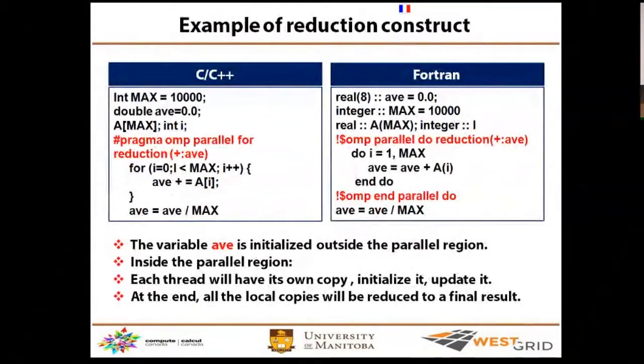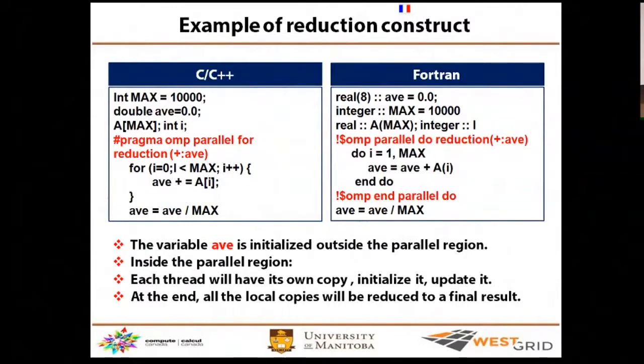For example, here I compute the value average. Average is a global value, so I have to initialize it first. But inside the parallel region, I don't have to initialize because when I use the reduction, it's initialized automatically.